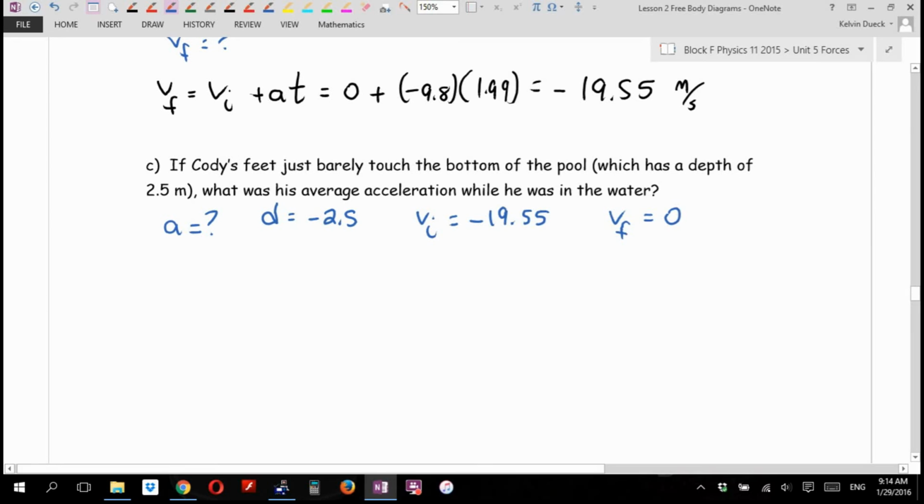Ryan, I'm coming back to you. I'm looking for an equation that has an A, a D, a VI, and a VF. I think it's the first one you read to me. We want to get the A by itself. Okay. What's going to drop down like a domino?